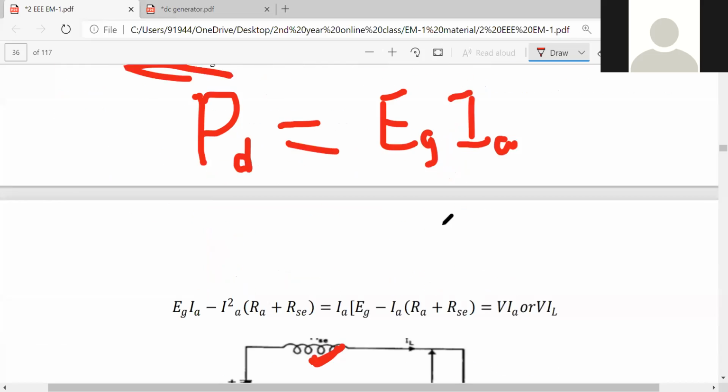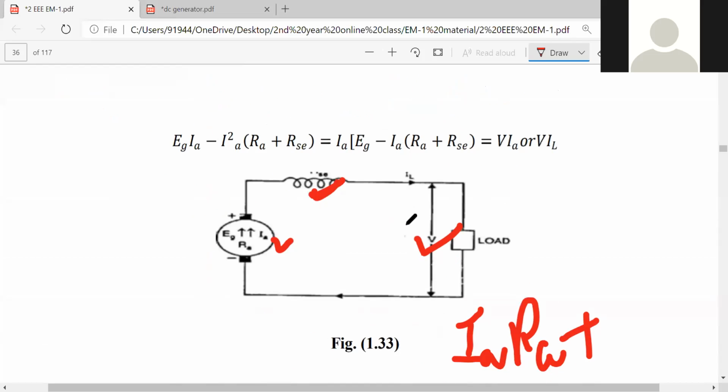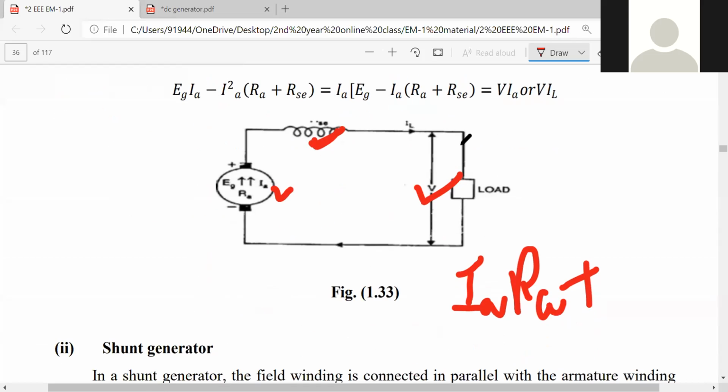Power delivered to the load is V into IL. Here the voltage is V and the current is IL. This is the electrical power, because the generator output is the electrical output.